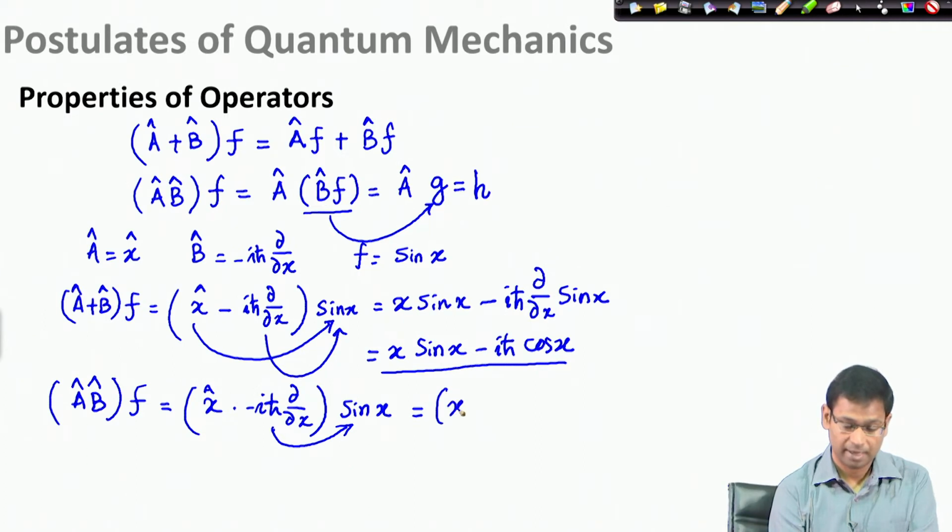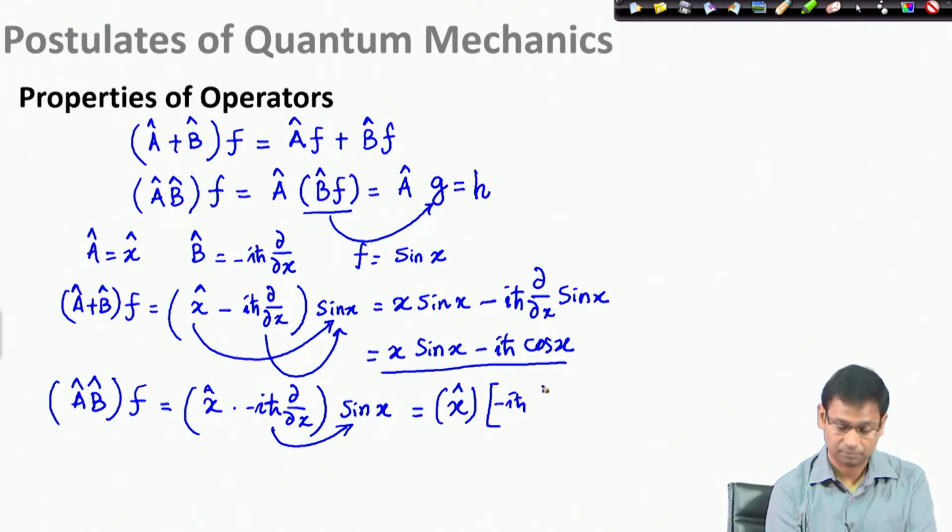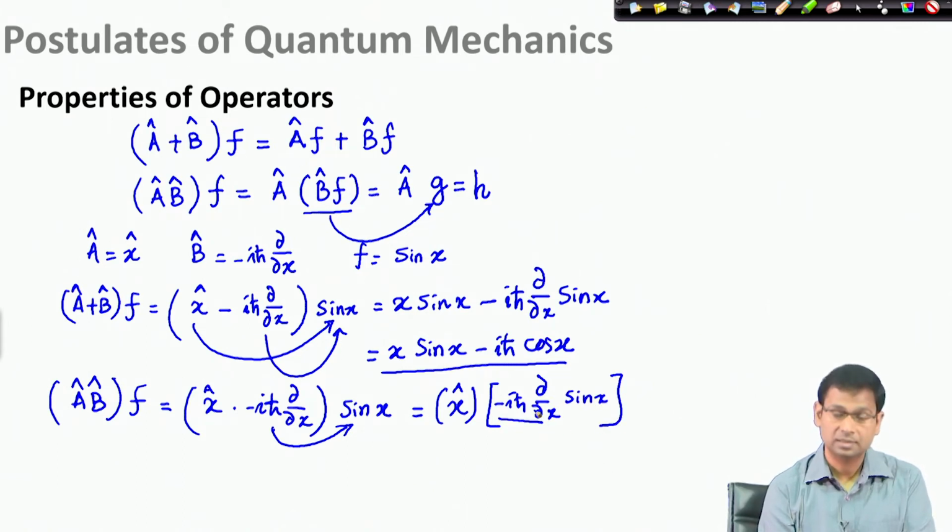So, I have x, I keep it outside, and then first I see what this does. So, I am applying the second operator B onto the wave function, the function sin x.